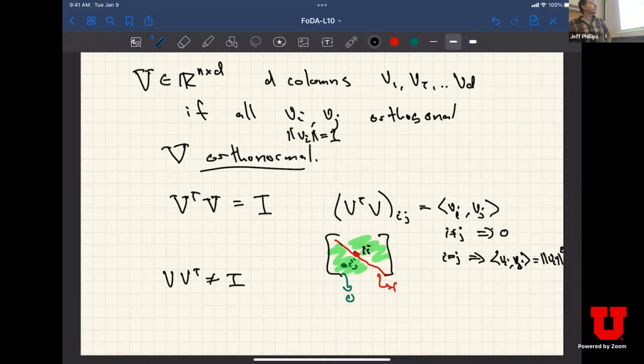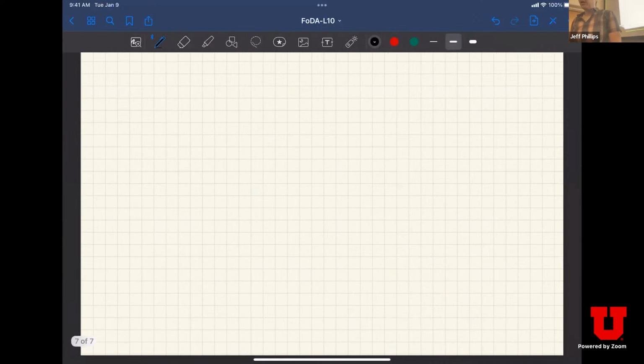So I might not have the identity here. I can kind of do an inverse if it's an orthonormal matrix in one direction but not the other direction. Okay, so an orthonormal matrix is a step towards being orthogonal.